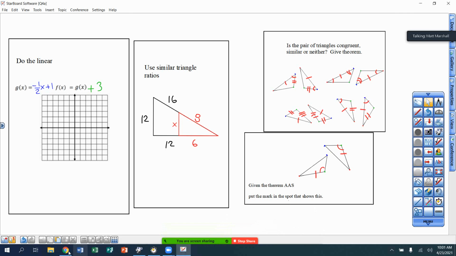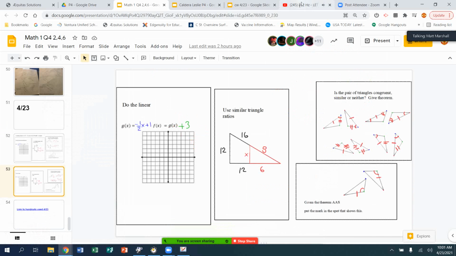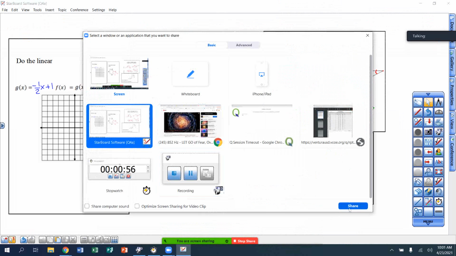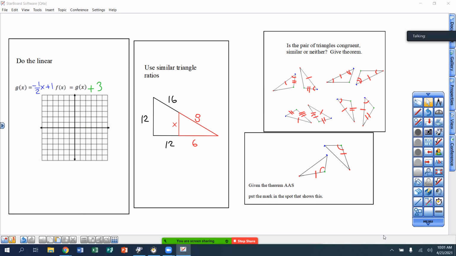Can I help anyone out there in front of me or in Zoom land? Help anybody?